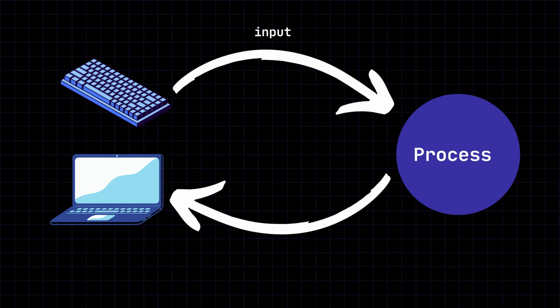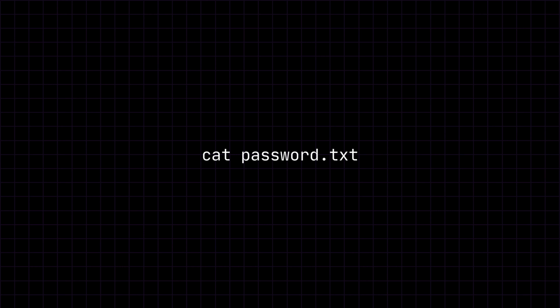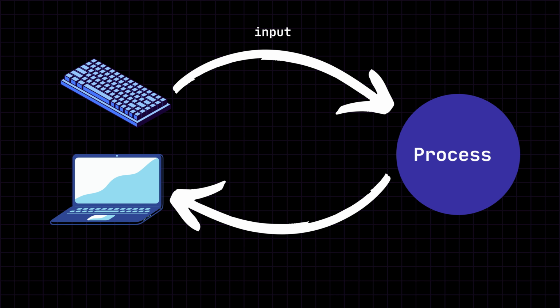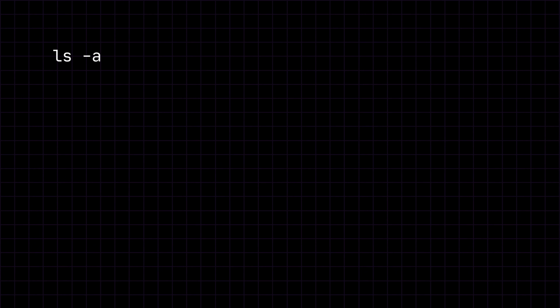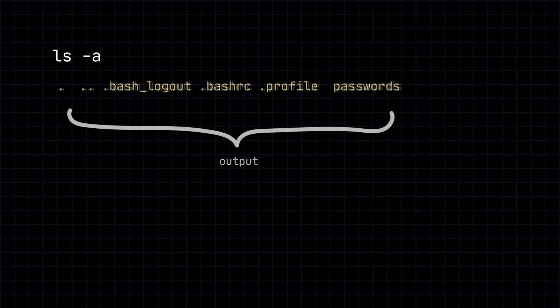The first type is standard input. This is the input a command receives, usually from the keyboard or a file. For example, when you type text into a program to provide a file as its input. The second stream is standard output. This is the normal result a command produces after execution. For example, when you run ls, the list of files is displayed as the standard output.